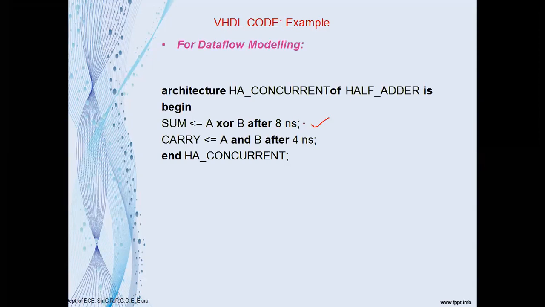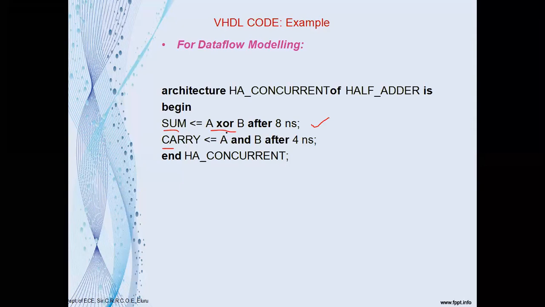For a simple data flow modeling, you can see here an example. You're seeing the architecture of a half adder circuit. A half adder will consist of two inputs and two outputs, and the two outputs are the sum and carry. Both are modeled here with the help of logic expressions.